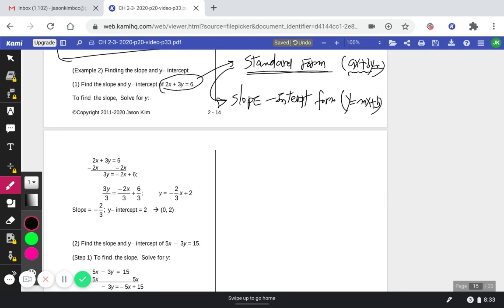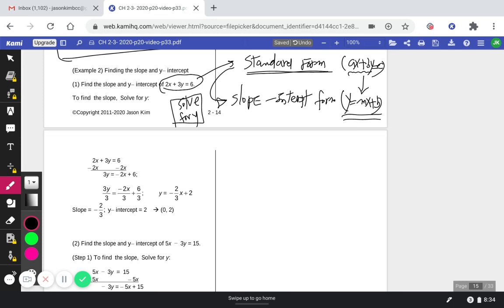So how do you convert ax plus by equals c into y equals mx plus b? Well, you solve for y. Okay, if you solve for y from standard form, which is ax plus by equals c, then it automatically becomes y equals mx plus b.